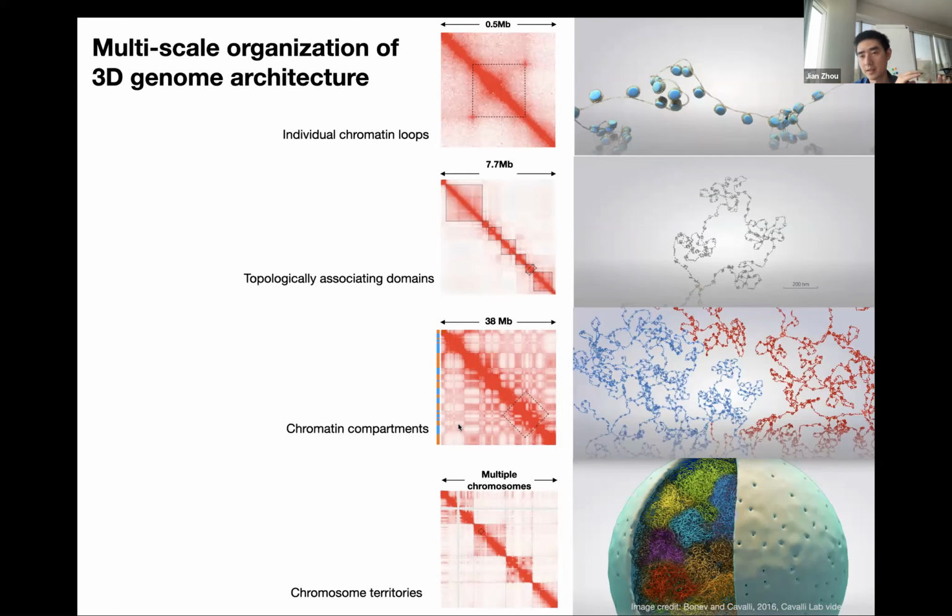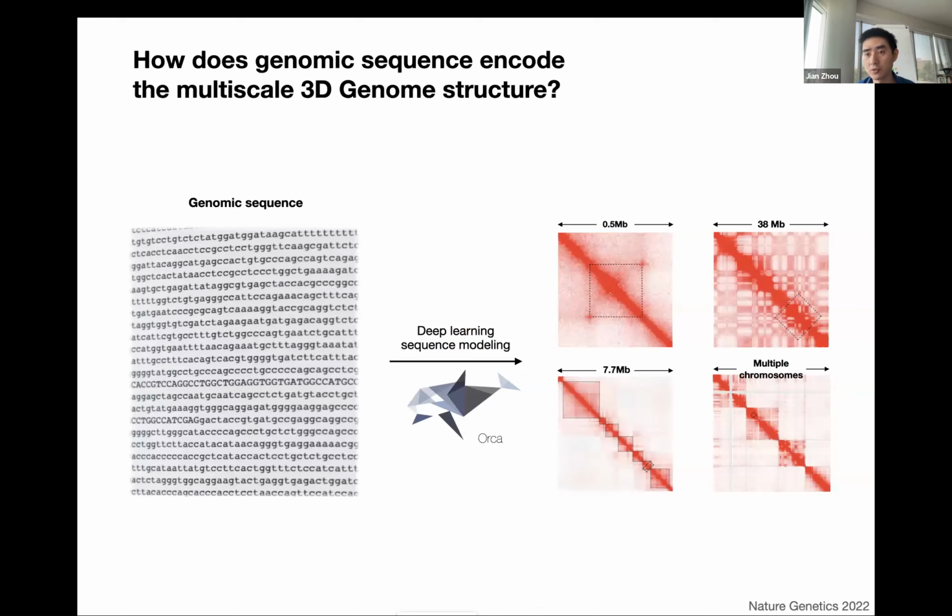So there has to be a reason that drives the specificity of the 3D genome at different genomic locations, and that is very likely to be the genomic sequence. So we want to understand the sequence determinants and be able to utilize that for genomic sequence understanding and for understanding the 3D genome.